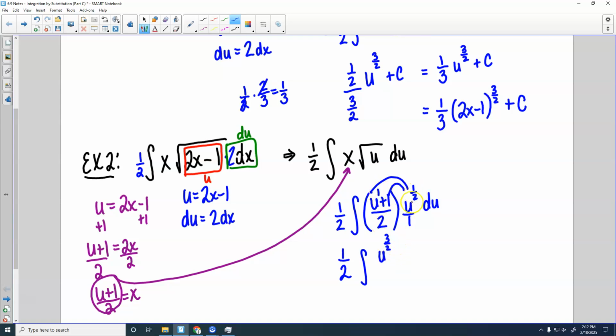We got a 1 right here plus 1/2 will give us 3/2, plus u to the 1/2 all over 2 du. And then to make life a little bit easier, I would take this 2 because it could be like a coefficient, 1/2 times this stuff. I'd take it out here on the outside and I would write it as 1/4 u to the 3/2 plus u to the 1/2 du.